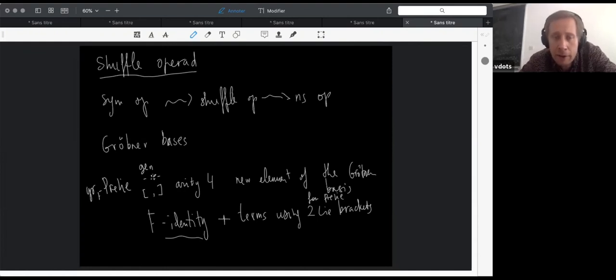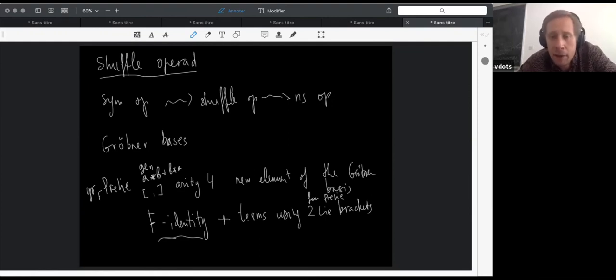Using these generators, the product which is AB plus BA, and the Lie bracket AB minus BA, for the Gröbner basis you get a new element in arity 4, which is the F identity up to terms using two Lie brackets.